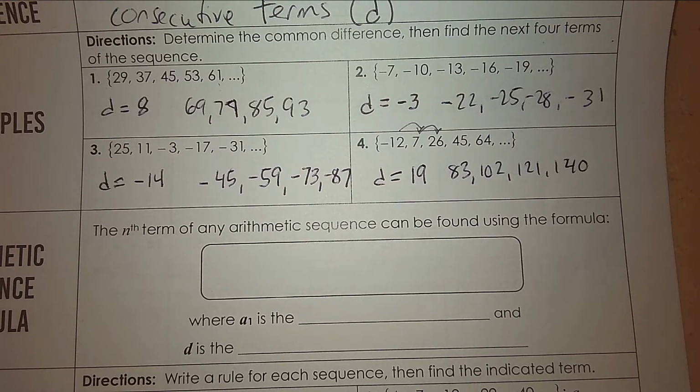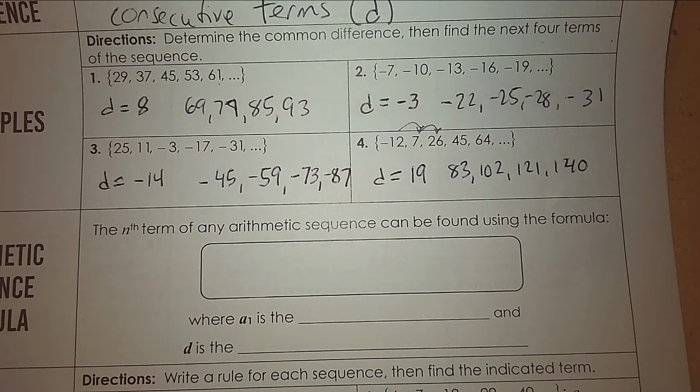So, before I do the next thing, and I'm going to go a little bit off script for the next one, tell me what an arithmetic sequence is again. It's a set of ordered numbers with a common difference, which means you take any 2 consecutive numbers and subtract, and the answer is always the same. And in your head, you're thinking you're always adding or subtracting the same number over and over again, right?